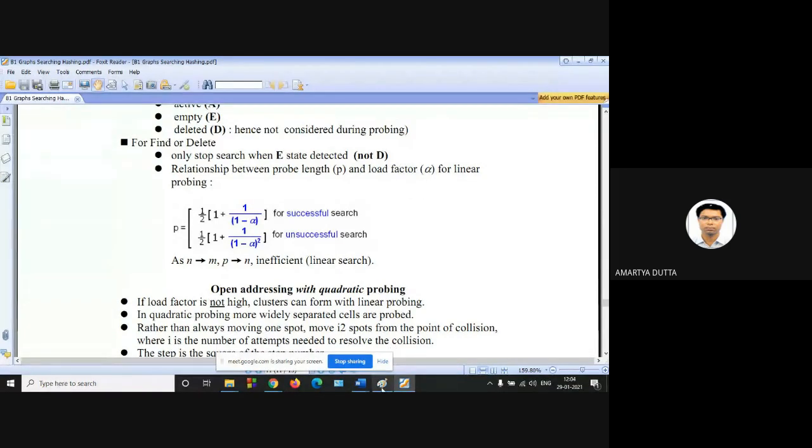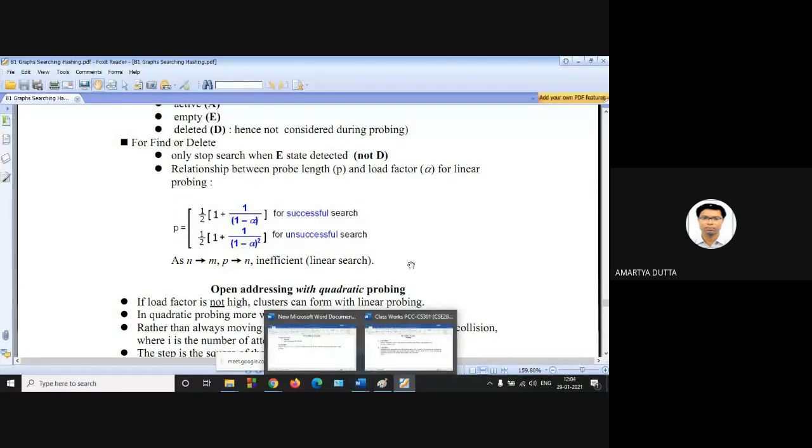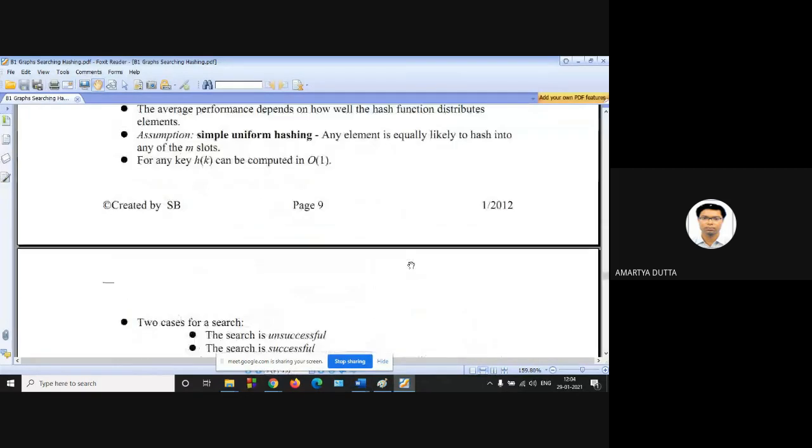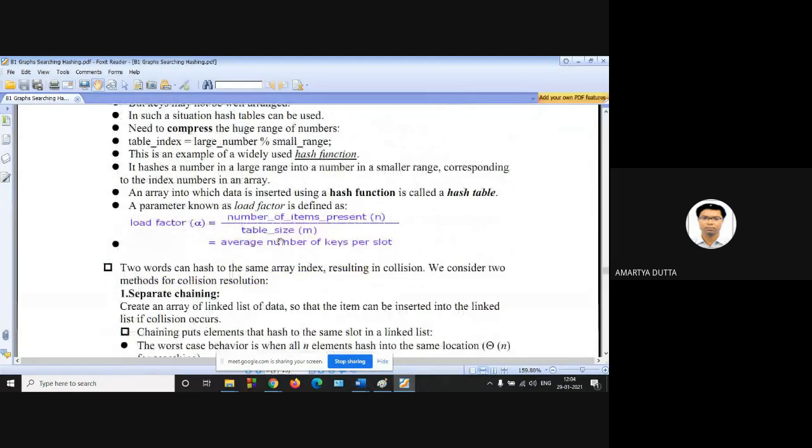Alpha is equal to n by m: the number of items present in the hash table divided by the total size of the hash table. So load factor alpha is the average number of keys per slot.